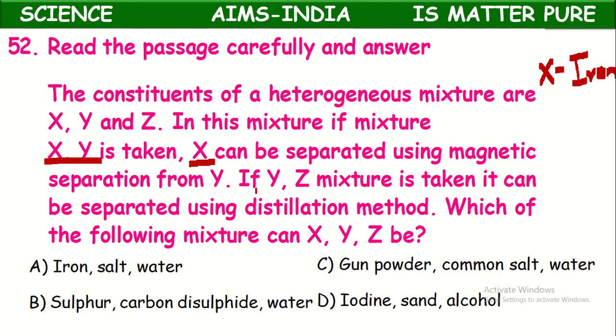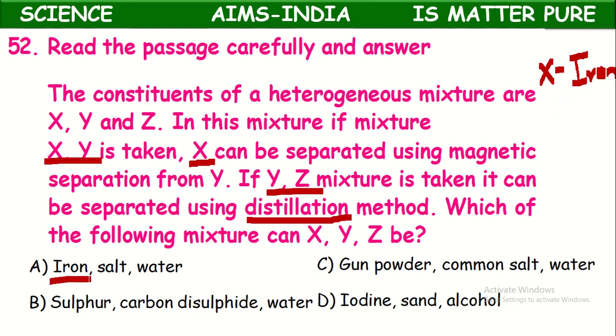And next we say if the Y and Z mixture is taken, it can be separated by using the distillation process. Generally we know we use the distillation process to separate a solid dissolved in a liquid, isn't it? Now the YZ mixture should be a soluble solid in liquid. Now X must be solid iron, a magnetic substance.